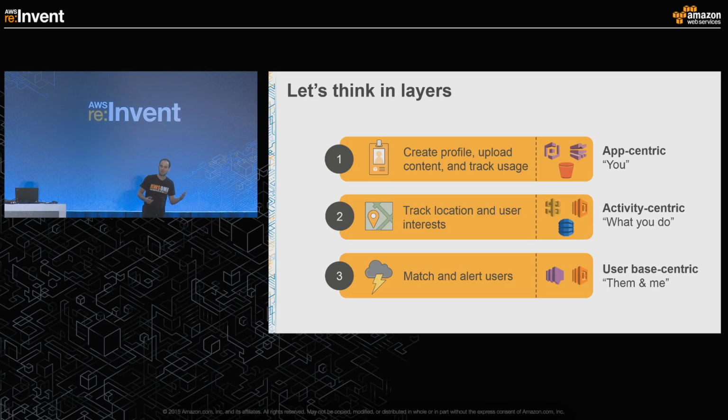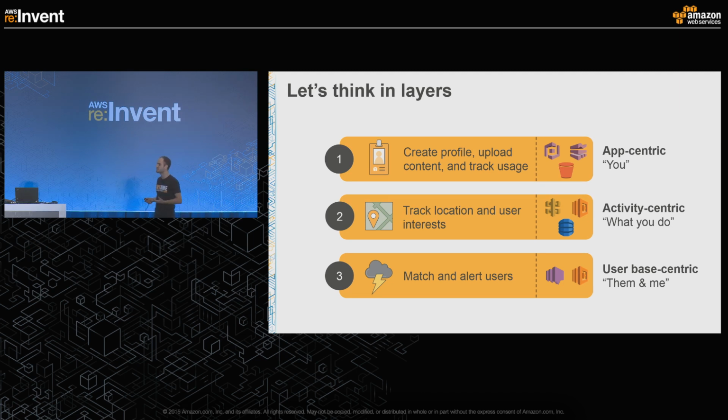The first one would be what I like to refer to as the app-centric layer, the UI layer, what you do within that application on your phone. This would be creating your profile, taking a selfie of yourself, uploading that into your profile, and also tracking the usage of what you're doing. The next thing now is, as you use that app, you're going to walk around with it, you're going to add new interests into it.